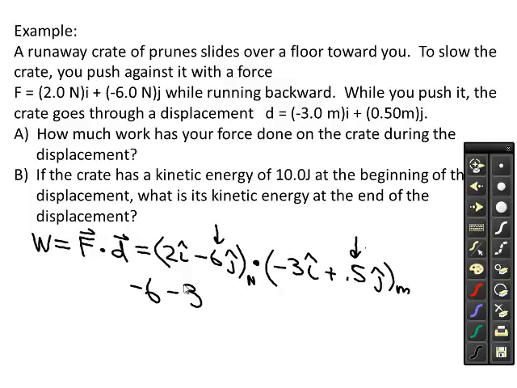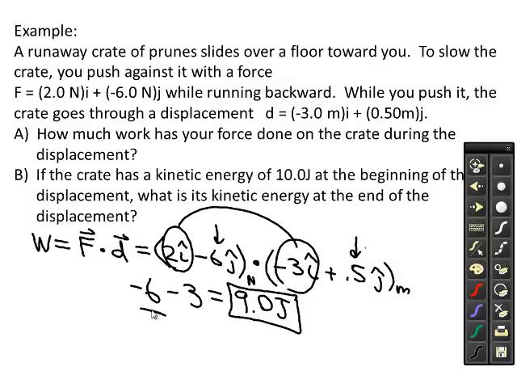So I'm going to say negative 6 times 0.5 times the cosine between them. Guess what? Negative 3. Answer, negative 9. And the units are joules. And I am done. So the moral of the story is, all I need to do is multiply the i's together.